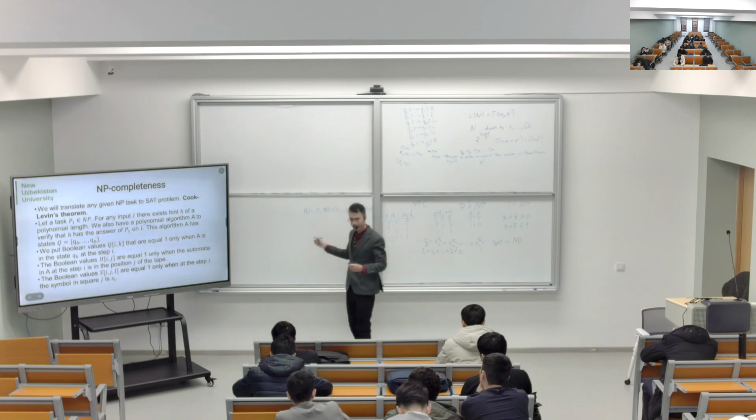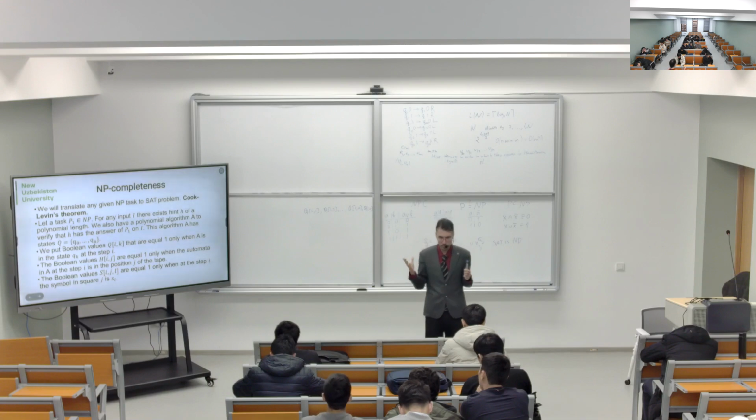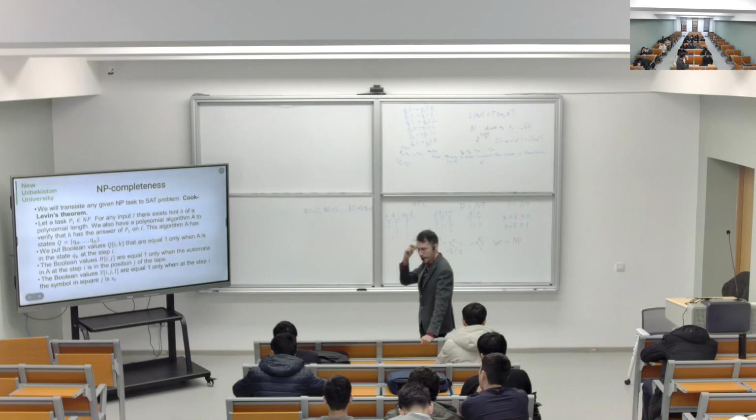So these are the states of our algorithm, of our Turing machine that solves problem P1. These are the states. We need to make sure that at any point only one of them is equal to 1.